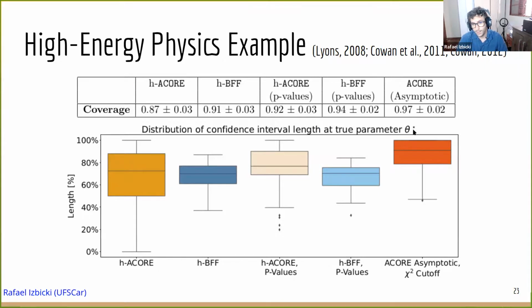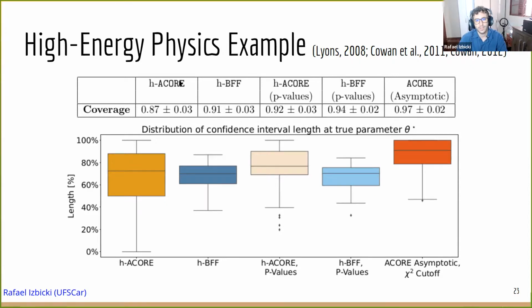Okay, and these are the test statistics we are comparing, and we are using a version of ACORE and a version of BFF that handles nuisance parameters. That's something I didn't discuss in the talk, but that we discussed in the paper.